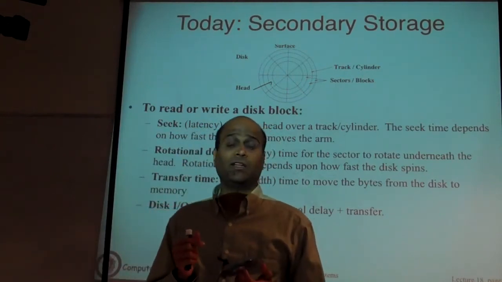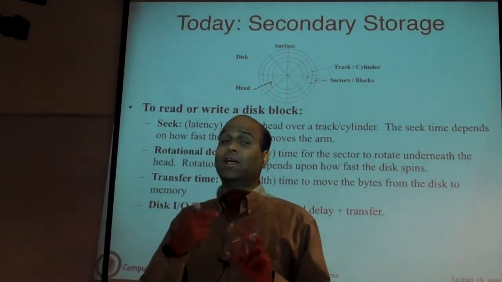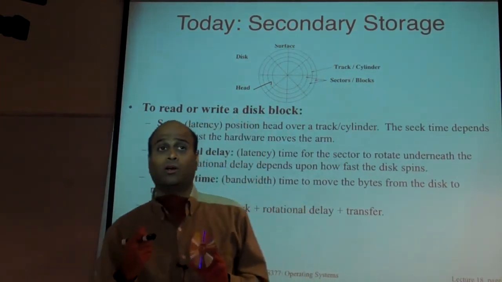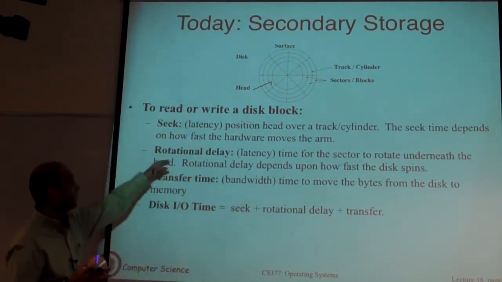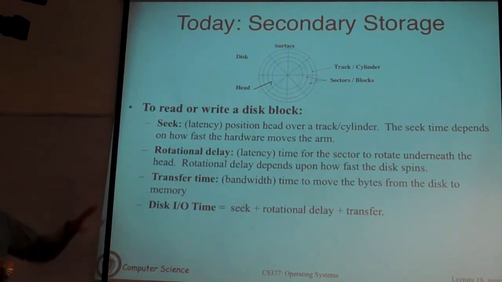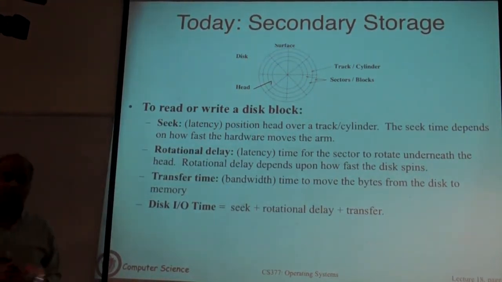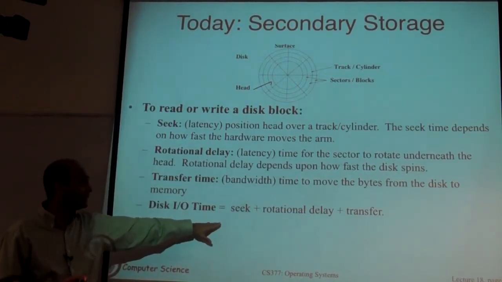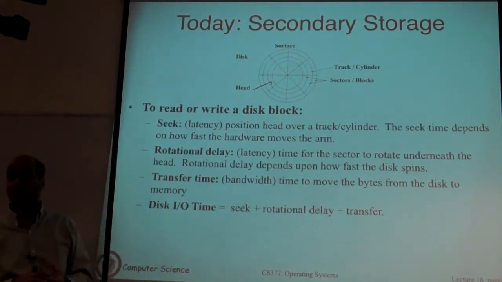So the rotational latency can be as much as an entire rotation of your disk, and on average it's half the total rotational time. And the transfer time is the time to actually transfer data, read or write bits from the sector. So typically disk I/O time is the sum of the seek time, the rotational delay, and the transfer.